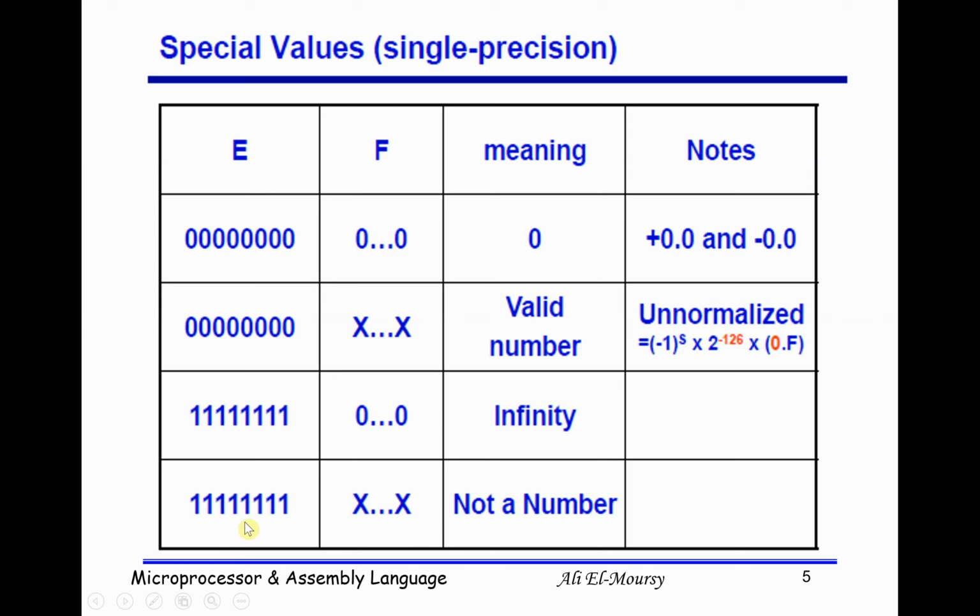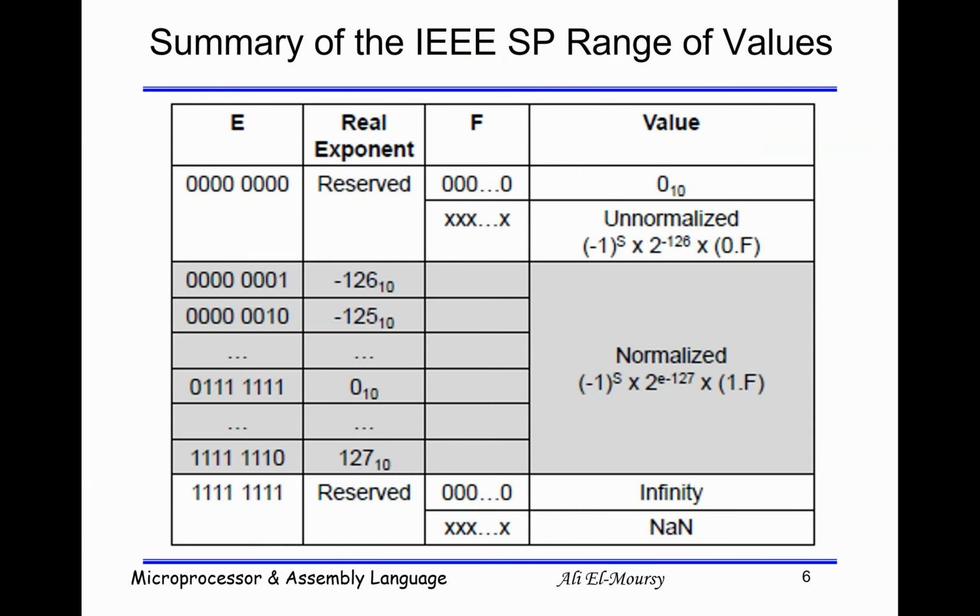If you are reading a register or memory location that holds a single precision floating point, 32 bits, and these values are stored inside, this is translated by your computer system as NaN, that is, not a number. So knowing those special cases, we want to exclude them and see what kind of values the floating point can represent.